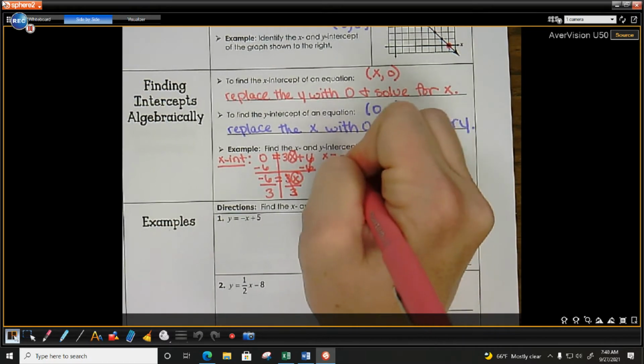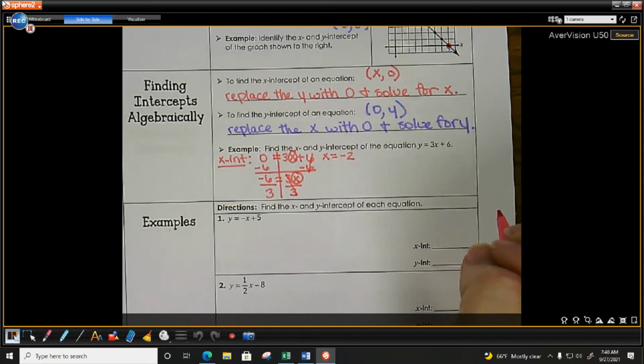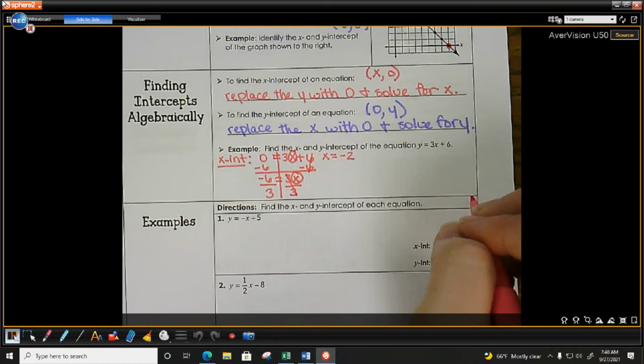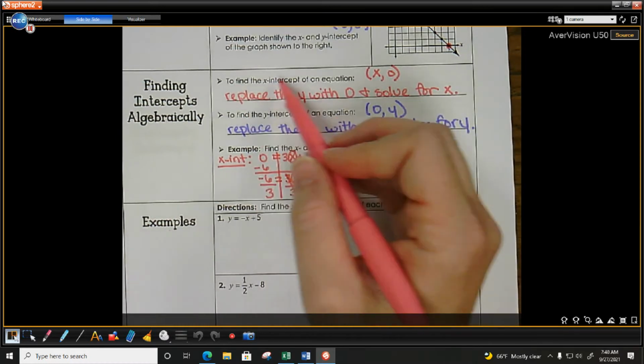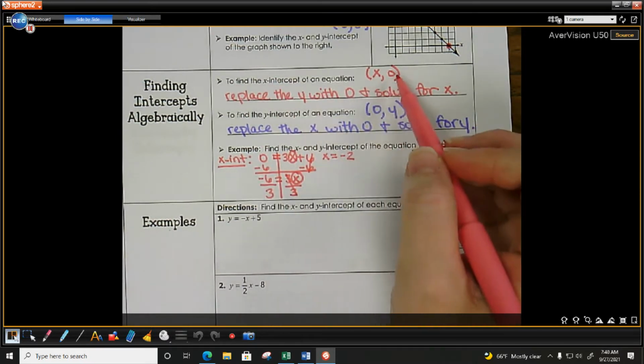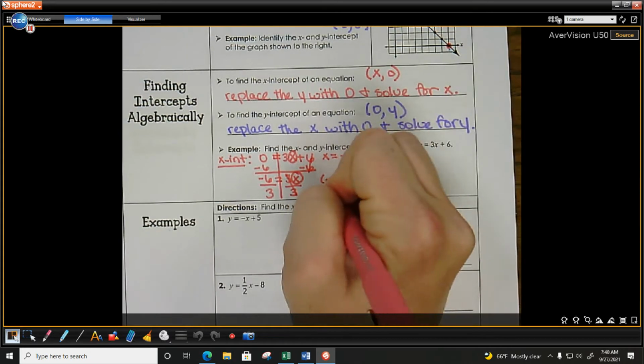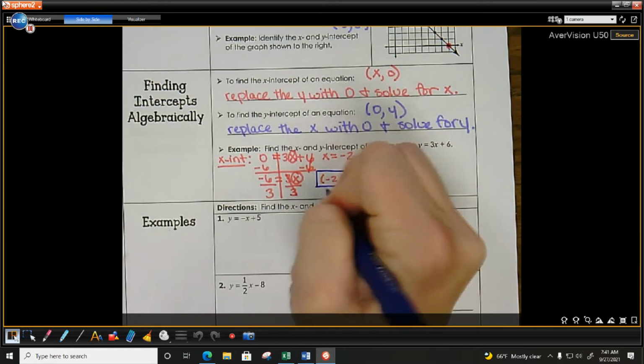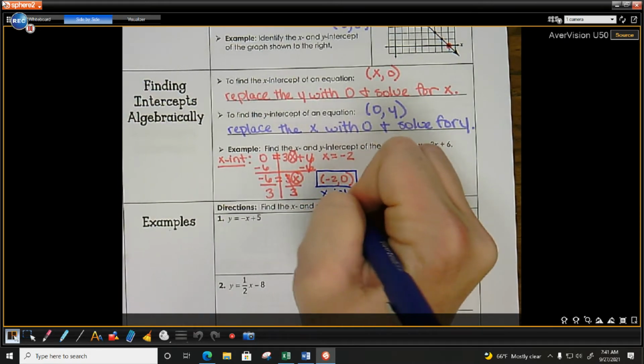Negative 2. Very good. So how do I write my x-intercept? What did we say? All of them are written as? Very good. Negative 2, comma, 0. That is your x-intercept.